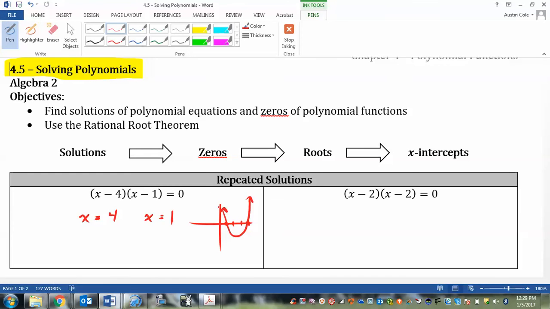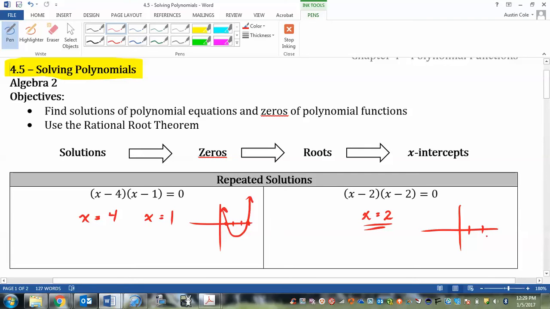Okay? Now, if I had something over here, aren't those the same thing? So x is going to equal what? 2 and 2, but it's the same thing. Okay? So essentially, we have what we call a repeated solution. It's the same thing twice. Now, what this means is that I know at 2, there's going to be an x-intercept.